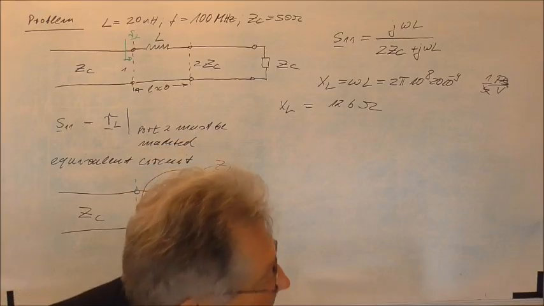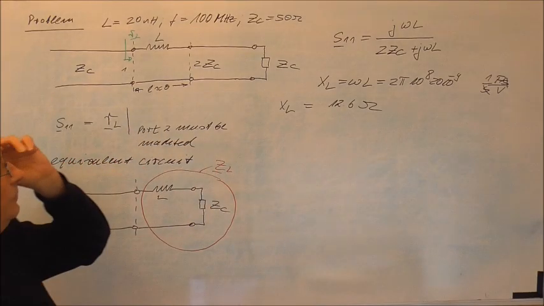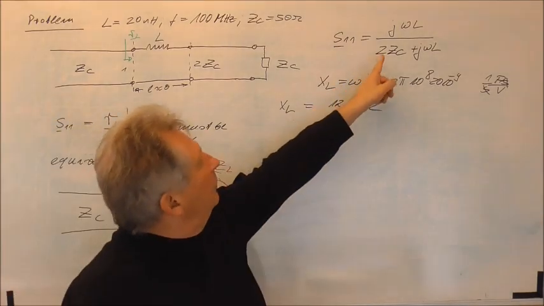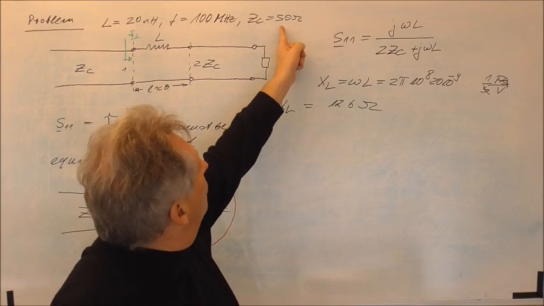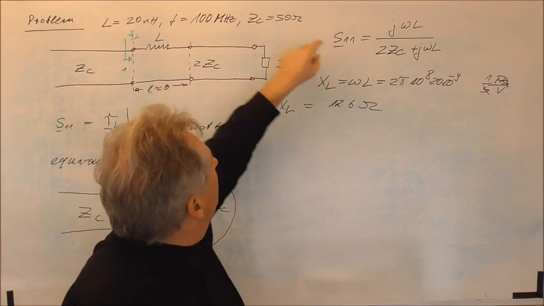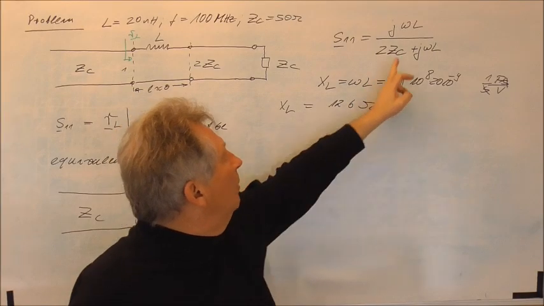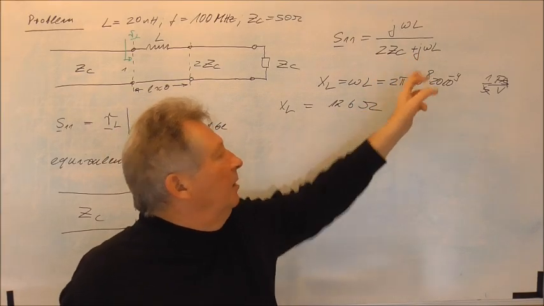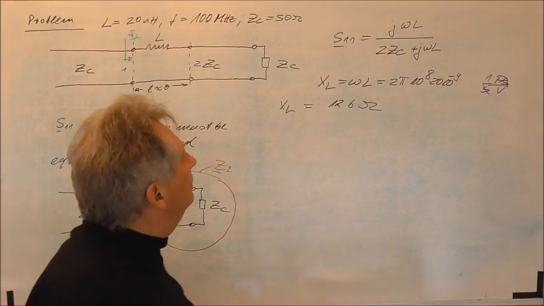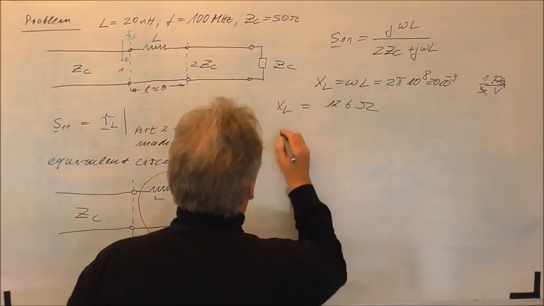And now you see that ZC is 50 ohm, and 2 times ZC would be equal to 100 ohm, and there you add plus J 12 ohm, and we can do an approximation.